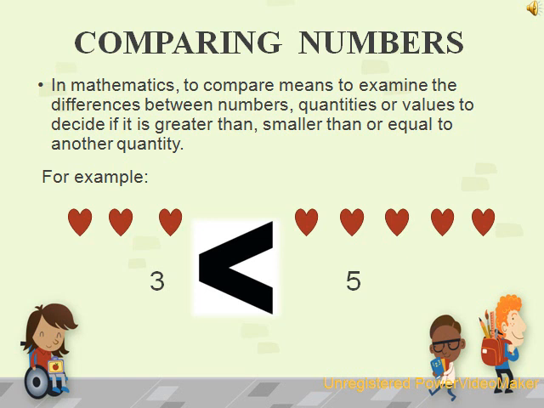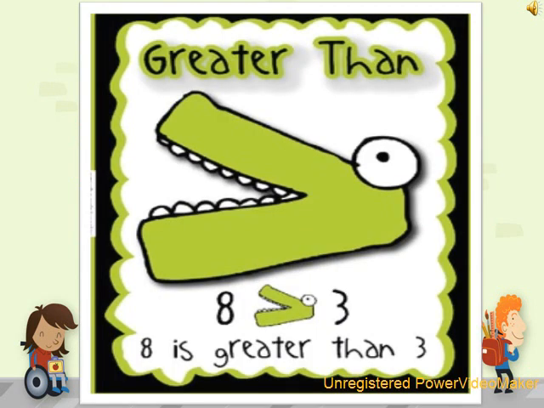Now, let us study about the signs. What are the signs we use when the number is greater or when the number is smaller or when the number is equal to? Students, here we will learn about greater than sign.